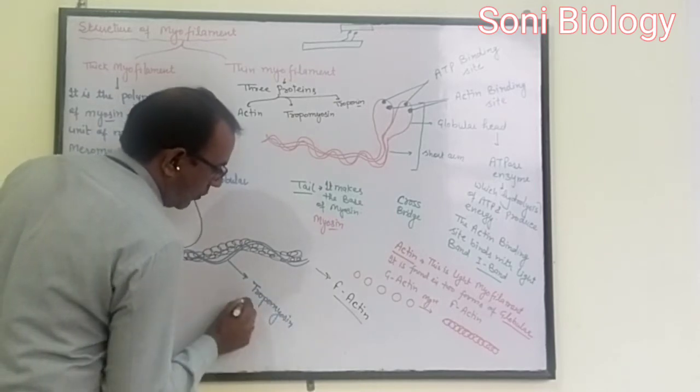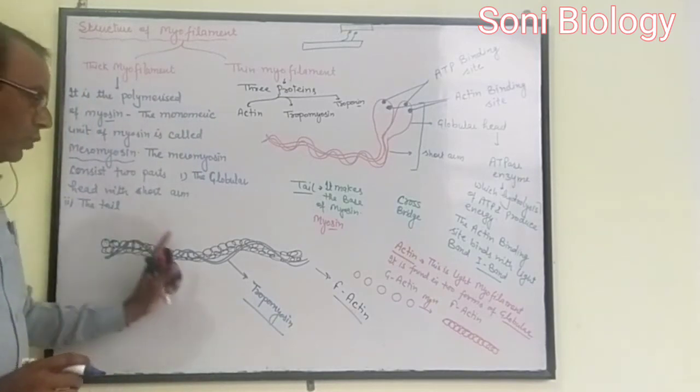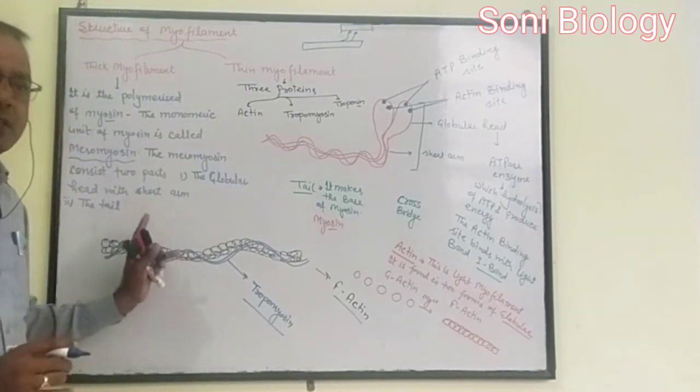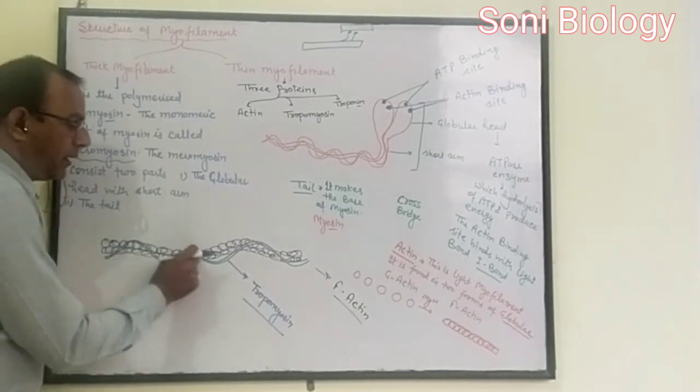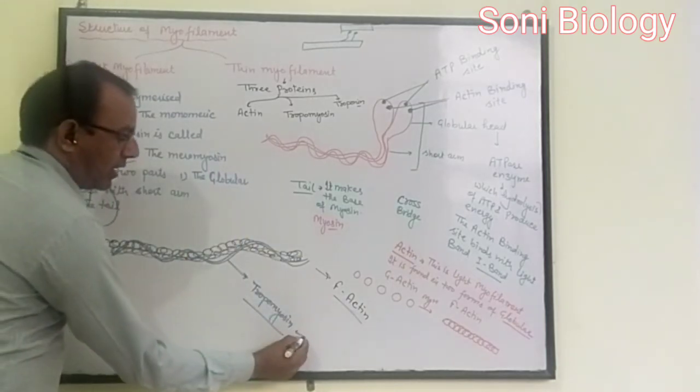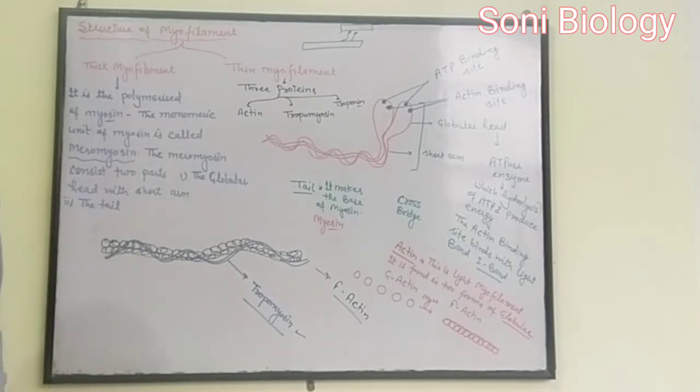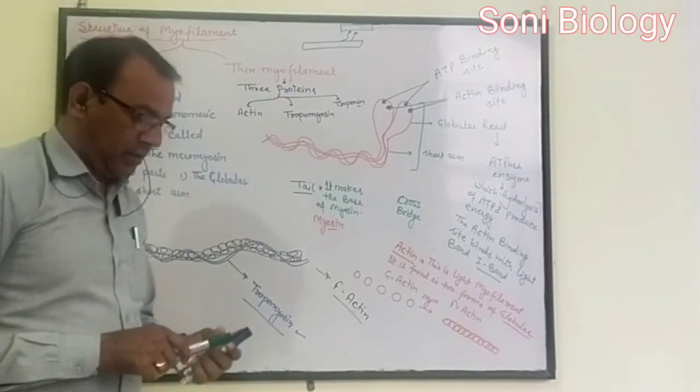What is tropomyosin? The 2 fibers, thin thread-like structures running parallel to the F-actin, are called tropomyosin. And the third one is troponin.